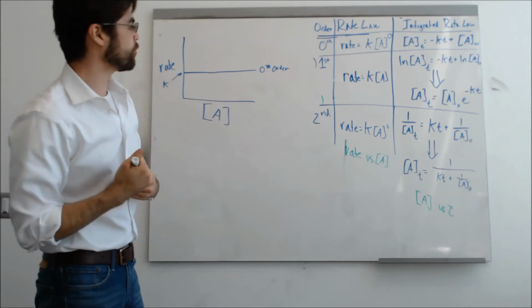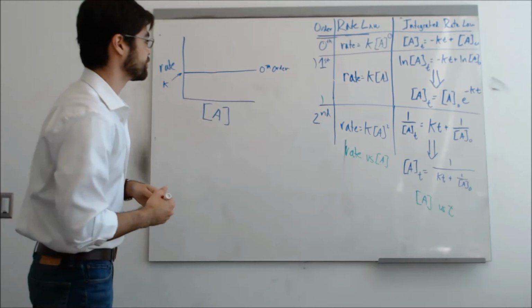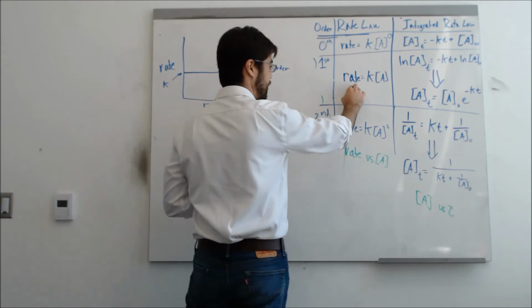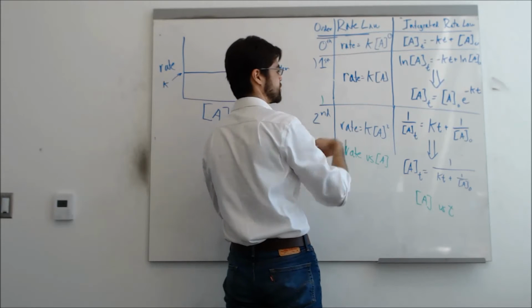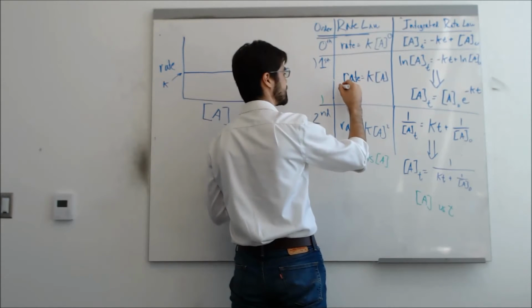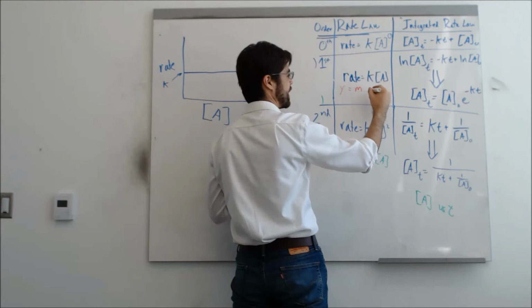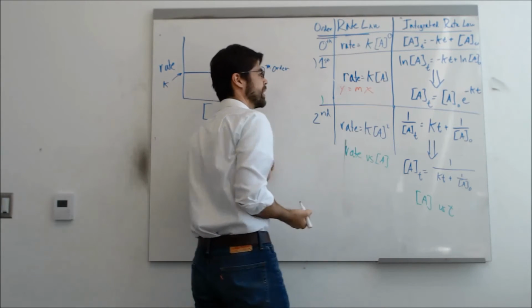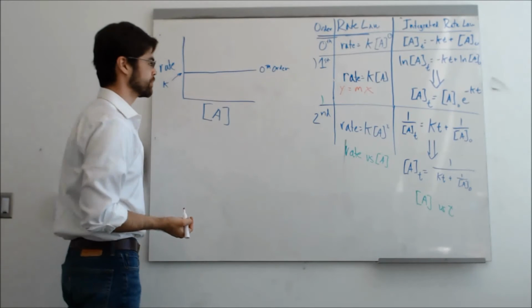For a 1st order reaction, so I think I was using red for a 1st order reaction, the rate goes as the 1st power of concentration. So if you want to think about rate as being your y variable, k is like your slope, and then concentration is my independent variable. X is your x variable.